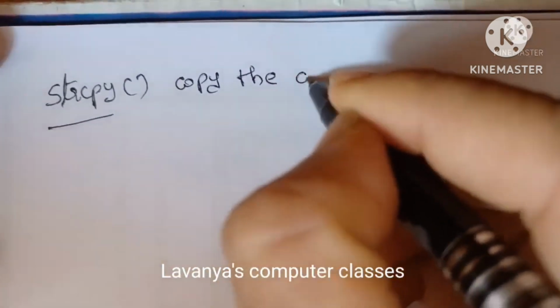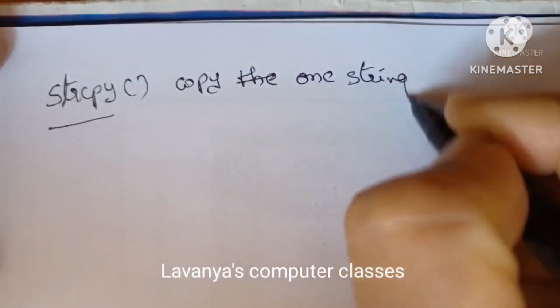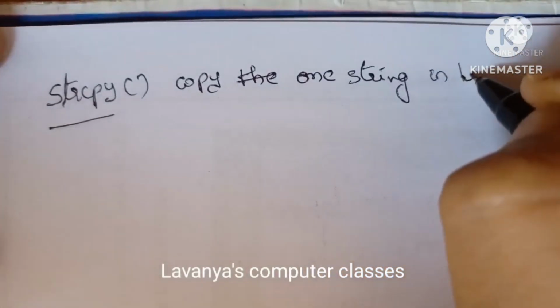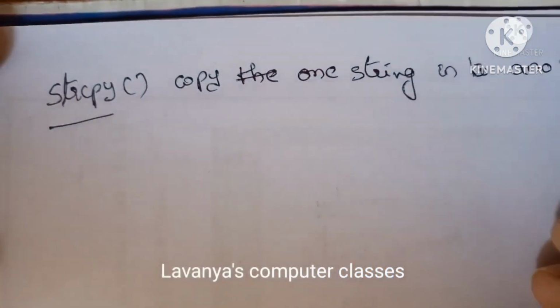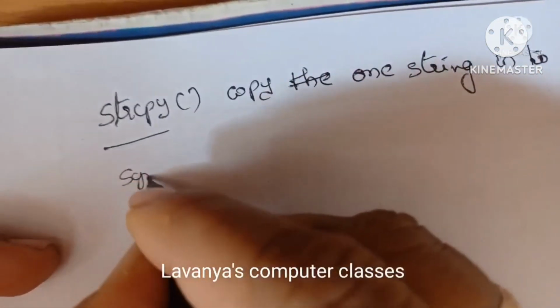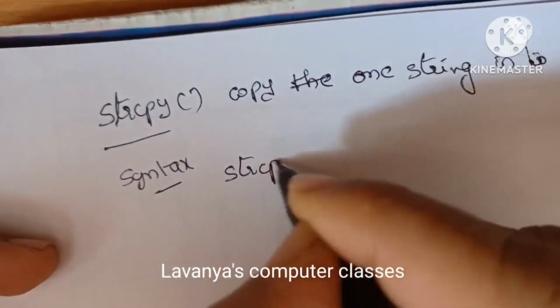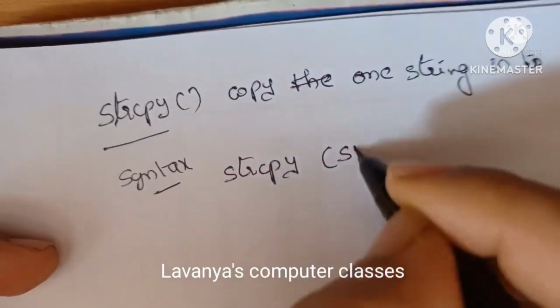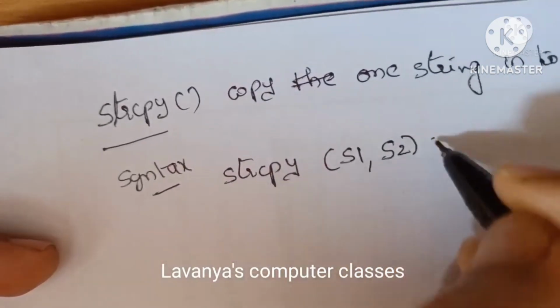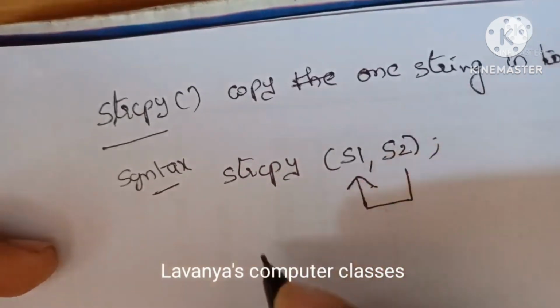CPY means copy, str means string. Copy the string. Copy one string into another string. Here also we need two parameters because we require copying one string into another string. The syntax is, we have to explain each and everything with syntax and example. strcpy s1 comma s2.